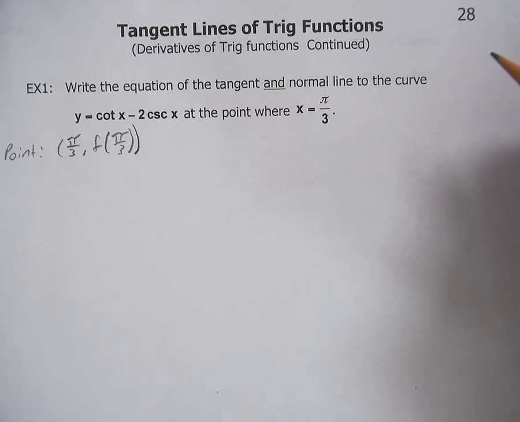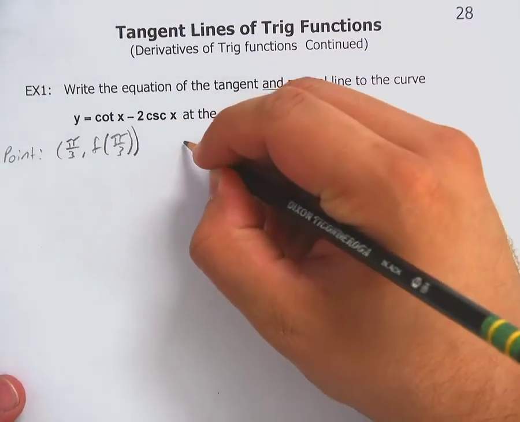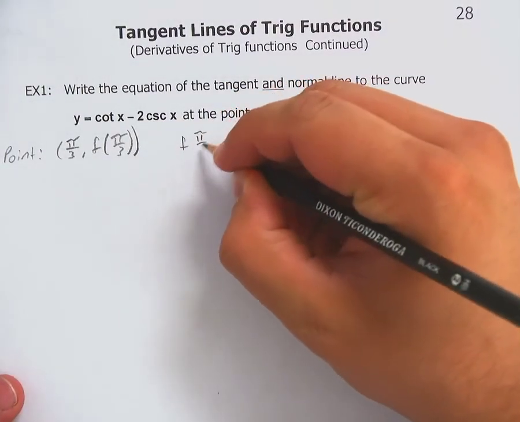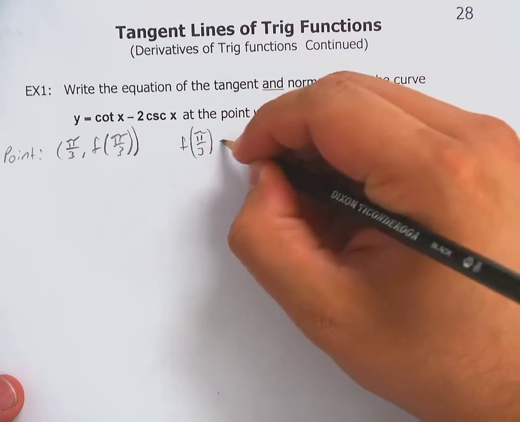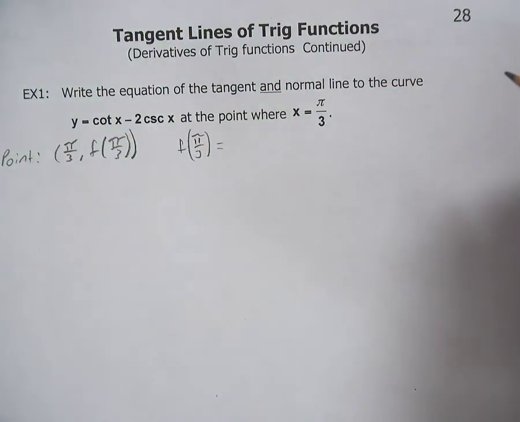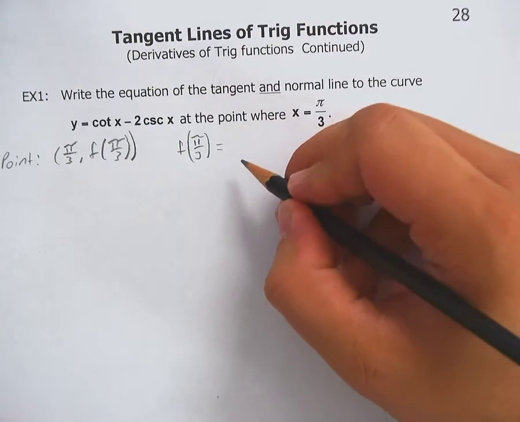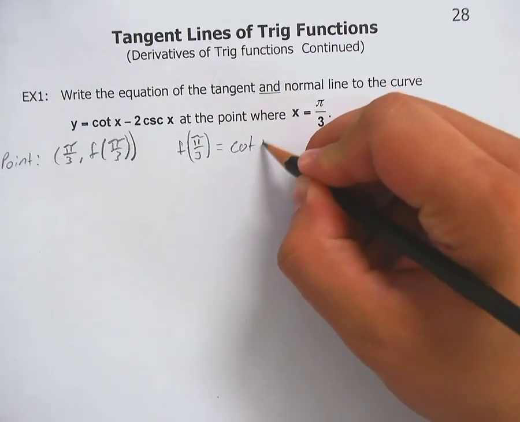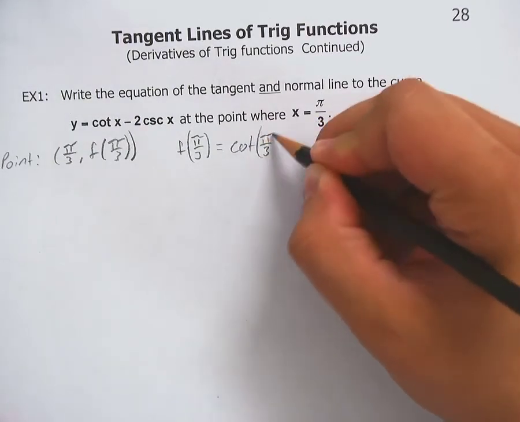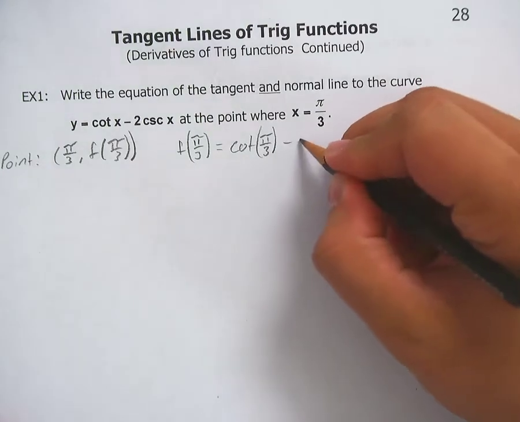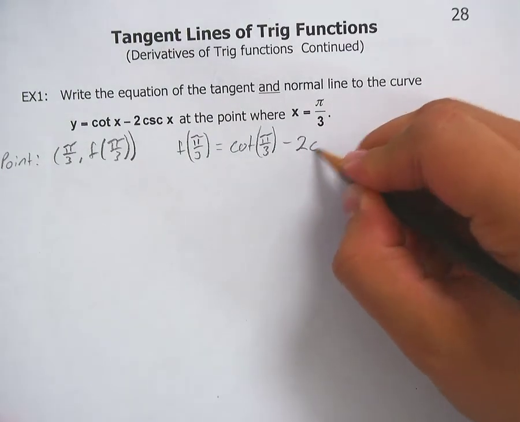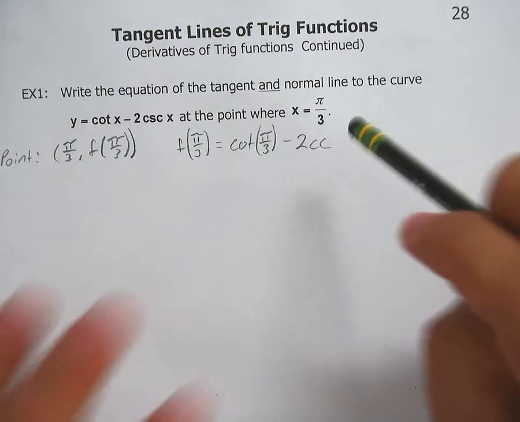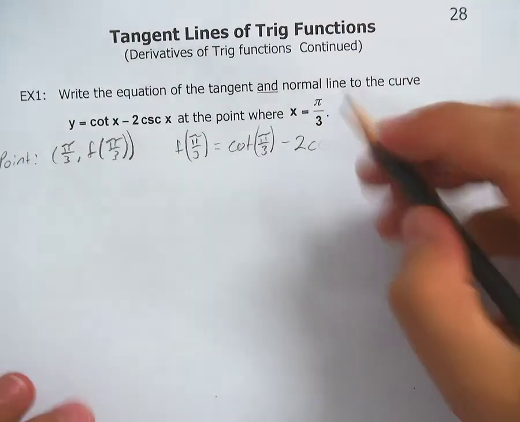So let's figure out what f of pi over 3 is. I'm going to set this up and plug it in: cotangent of pi over 3 minus 2 cosecant of pi over 3.